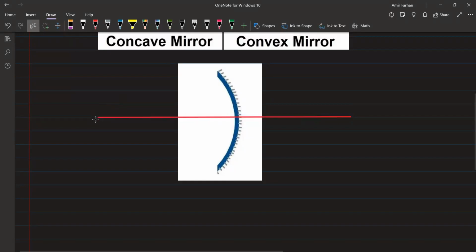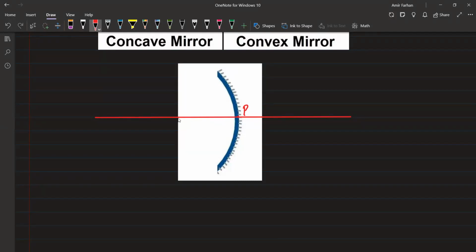So I just wanted to cover this topic as accurately as I can. Okay, so this point will be called the pole. Pole is the point from which we basically measure the distance, yes or no? Yes, sir. So this is the pole.